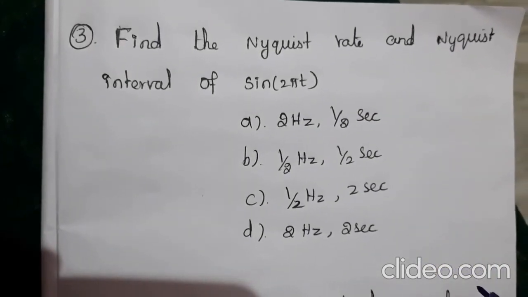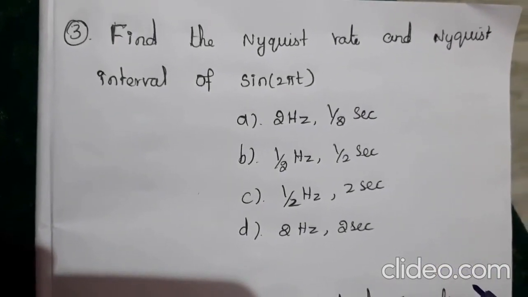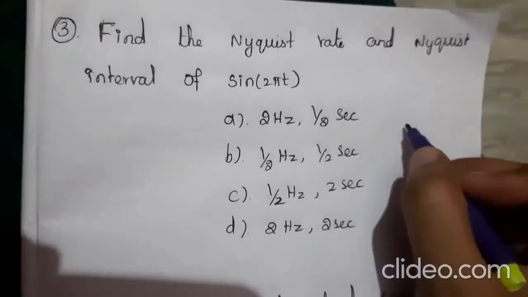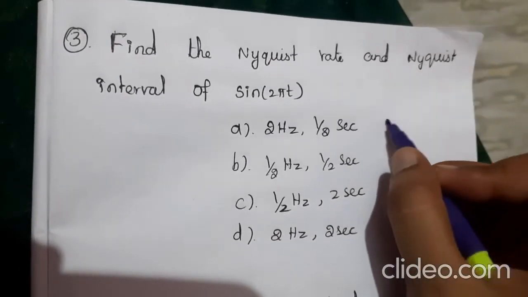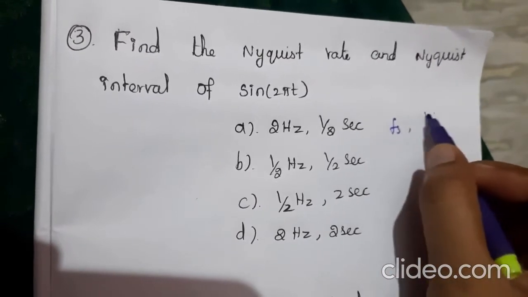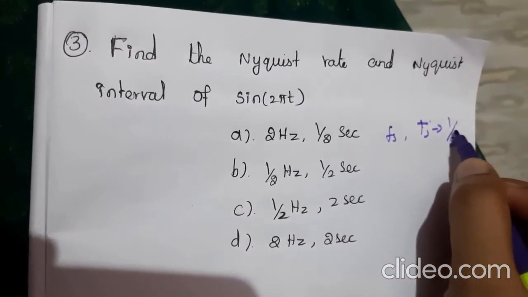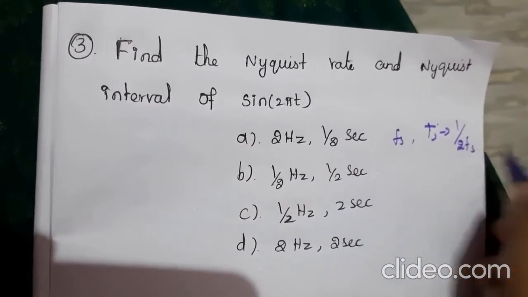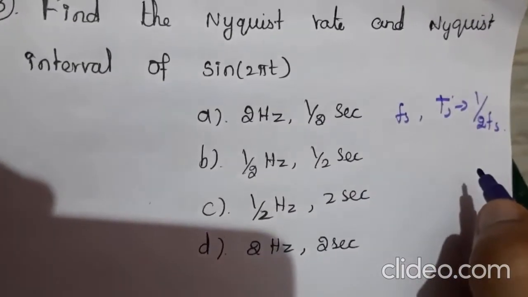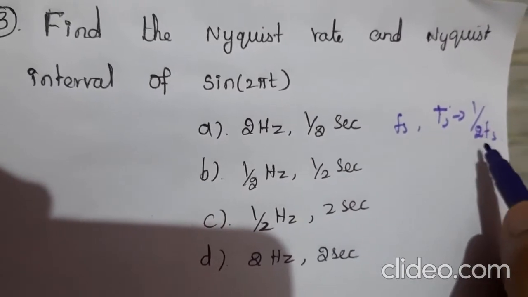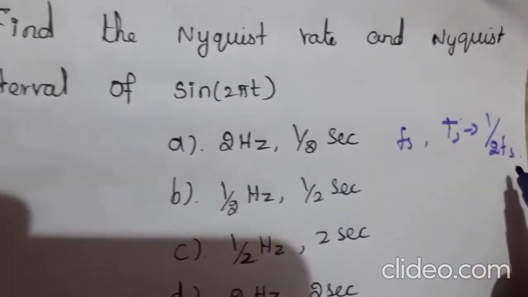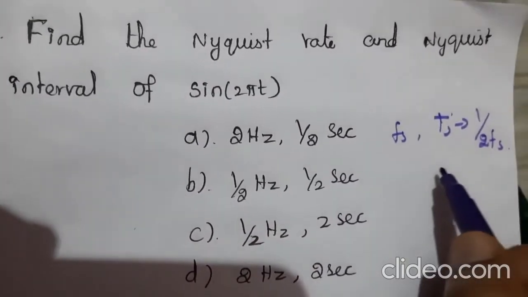Third question: find the Nyquist rate and Nyquist interval of sin 2 pi t. We have to find Fs and we have to find Ts. The Ts is equal to 1 divided by 2 Fm.